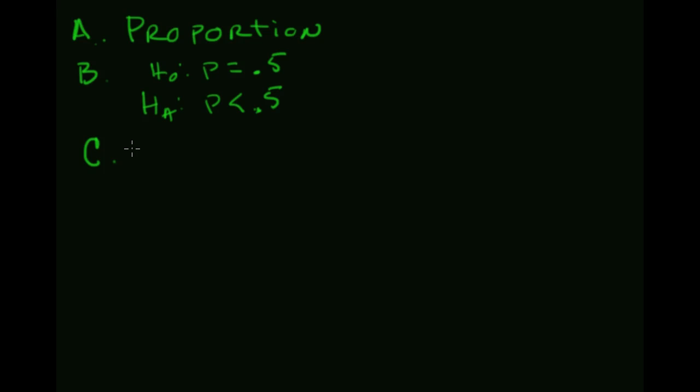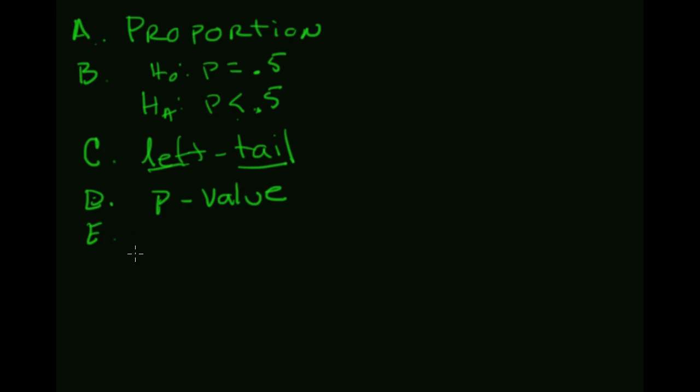Part C. Is this left tail, right tail, or two-tailed? This is going to be left-tailed because that's a less than statement. Part D. Okay, since this is a left-tailed test, it has to be done using a p-value.